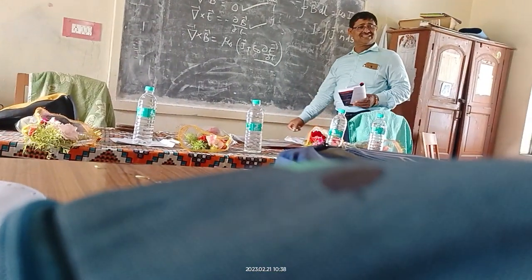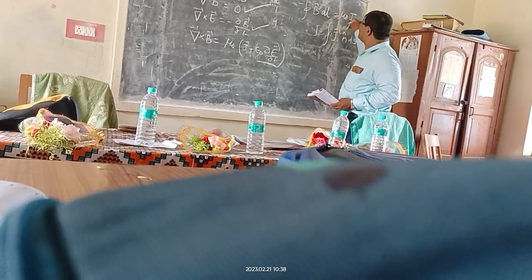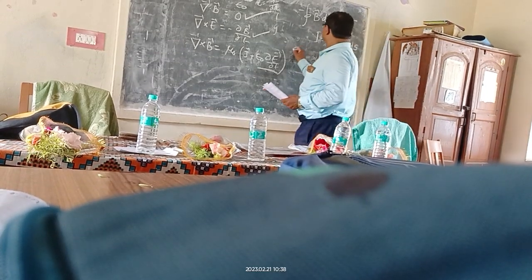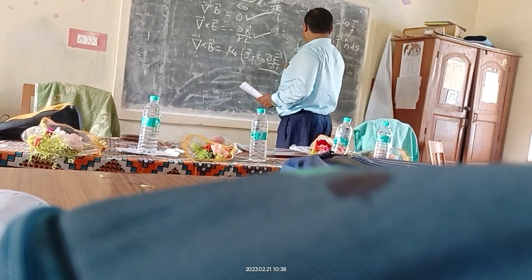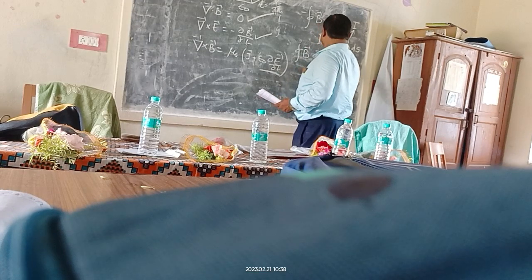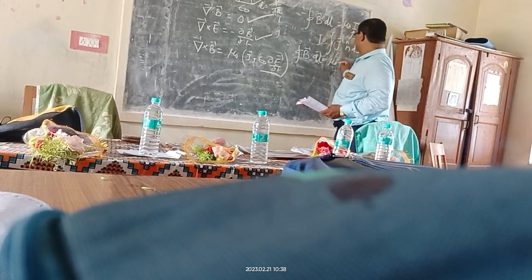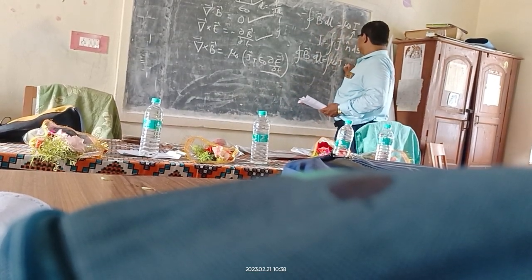So you put this value of I and it gives integration of B dot dl is equal to mu 0 J times n cap ds.